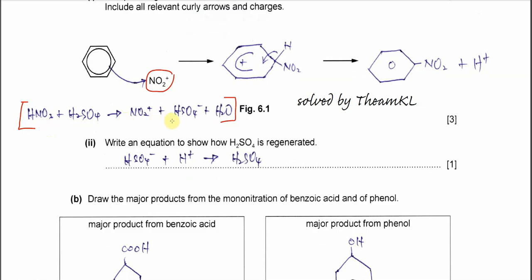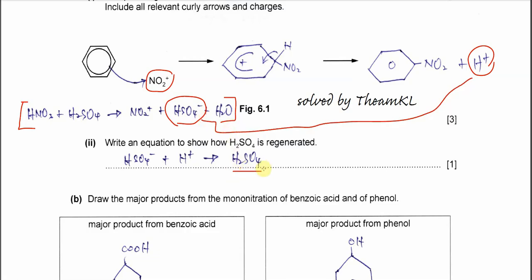At the same time, it will form HSO4 negative, the hydrogen sulfate ion. So this anion will react with the H plus that was removed just now. These two will combine and form back the H2SO4. So that's why the equation is like this: HSO4 negative plus H plus forms back H2SO4.